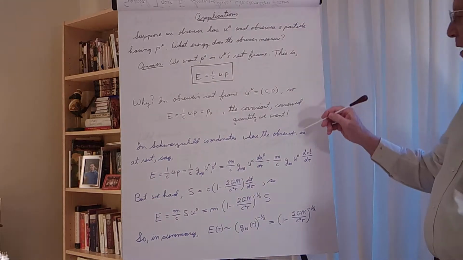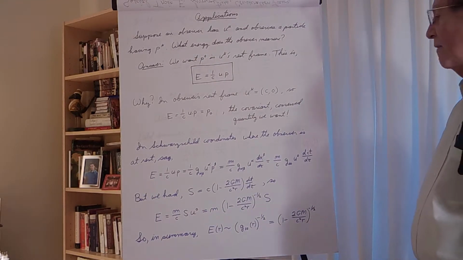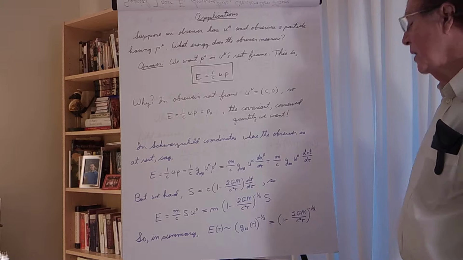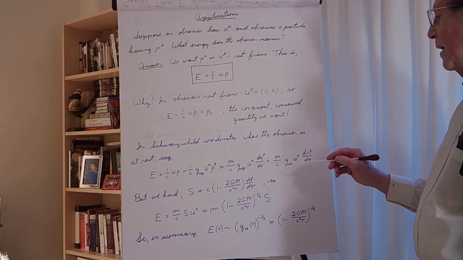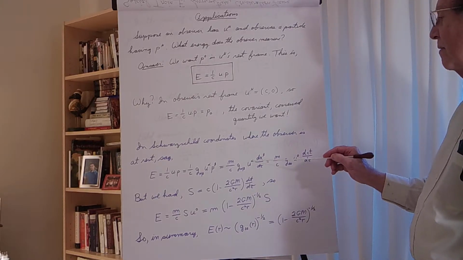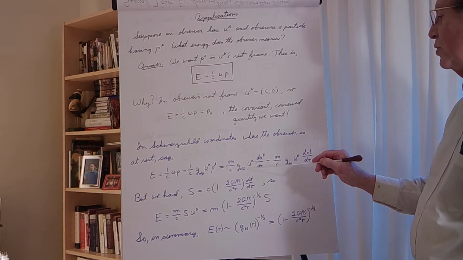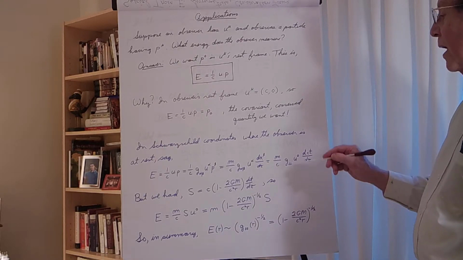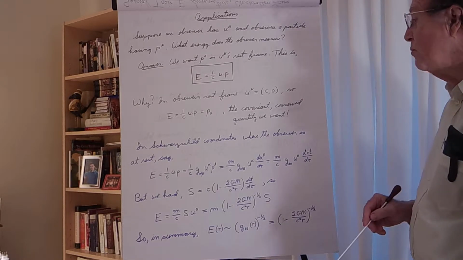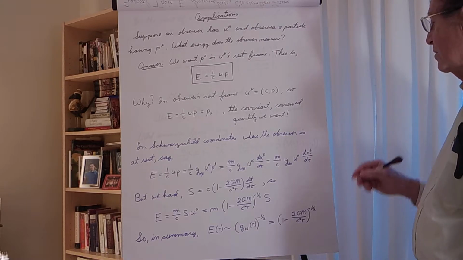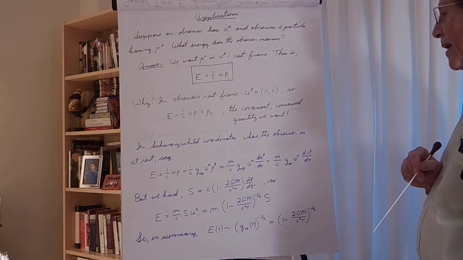Now, if my observer is at a fixed r value in Schwarzschild coordinates, okay, then the only component alpha here is alpha equals 0. So only alpha equals 0 contributes to the big sum. Okay, the Schwarzschild metric is diagonal, so alpha and beta are 0, and I come down to this.